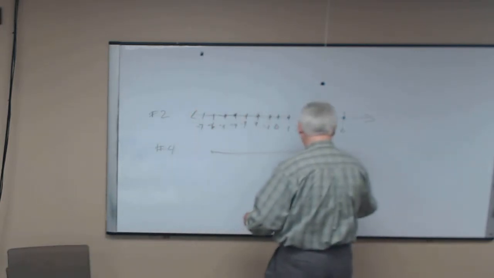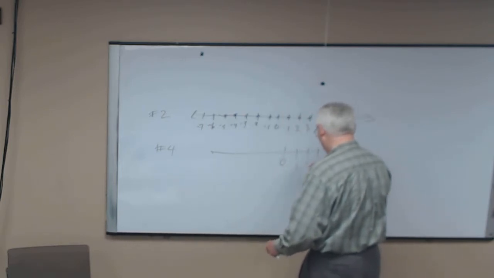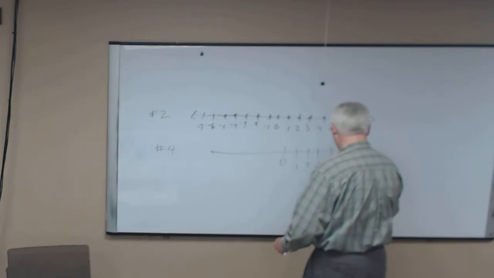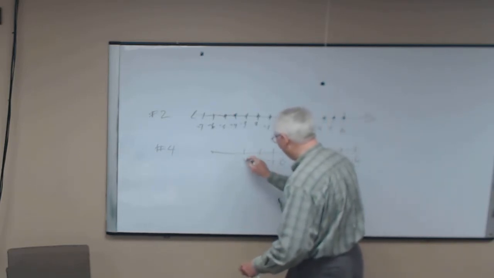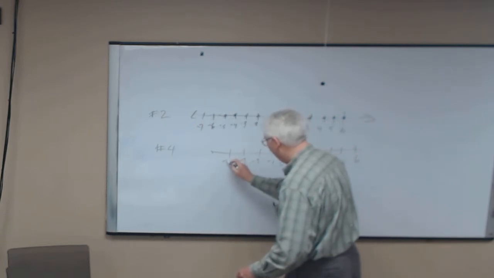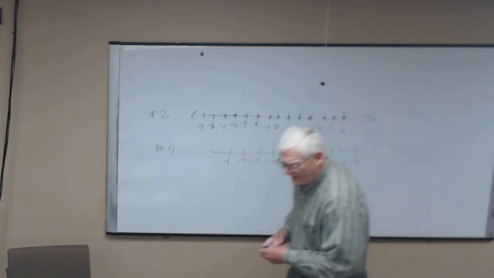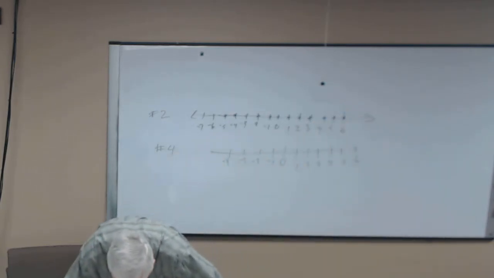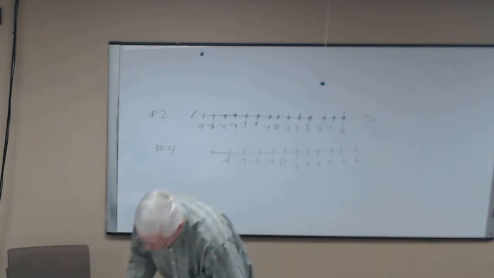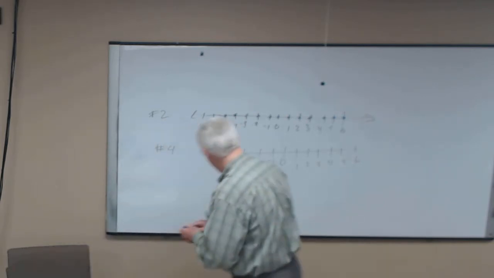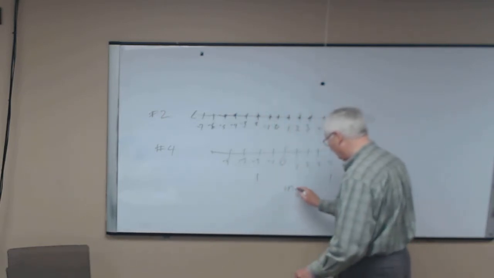So I make another number line, put a 0, 1, 2, 3, 4, 5, 6, -1, -2, -3, -4, and they want me to graph all the what kind of numbers? Natural numbers between -2 and 4, between -2 and 4 inclusive.